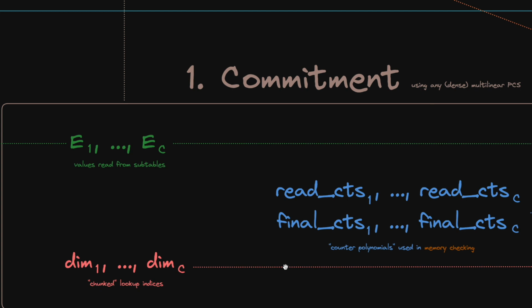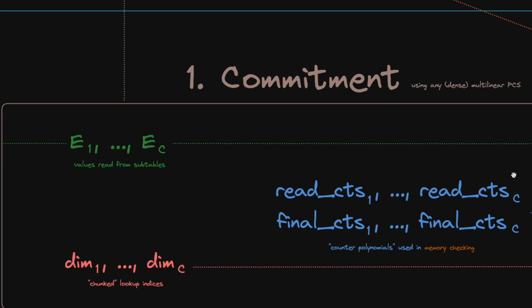So the first set of polynomials is the E sub i polynomials. Again, these are basically encoding the values read from the subtables. We're also going to need the dim_i polynomials. Those are the chunked lookup indices, as we saw before. And finally, we'll need these counter polynomials, read counts and final counts. Those are going to be used in memory checking, and we'll introduce them then.